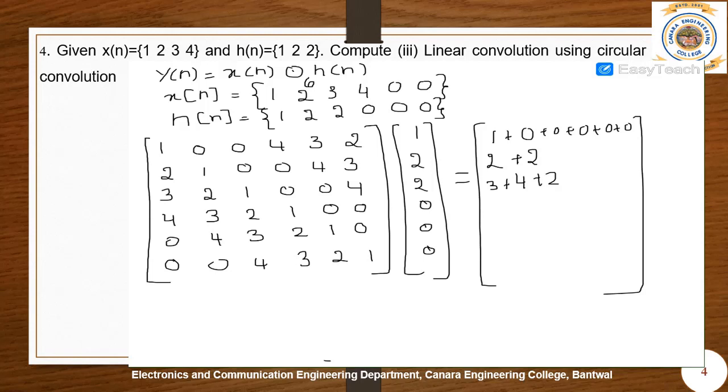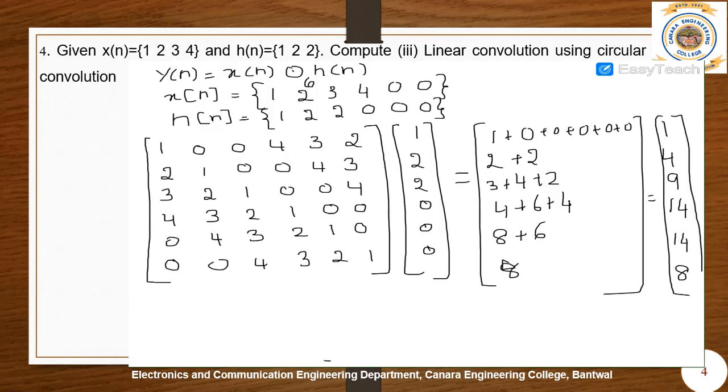Then you have 4 plus 6 plus 4. Then we have 8 plus 6. Then we have 4 into 2, 8. That will give us 1, 4, 9, 14, 14, 8. These are the values we have got by linear convolution in the previous problem.